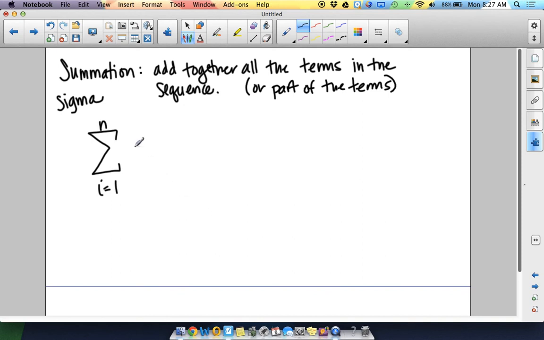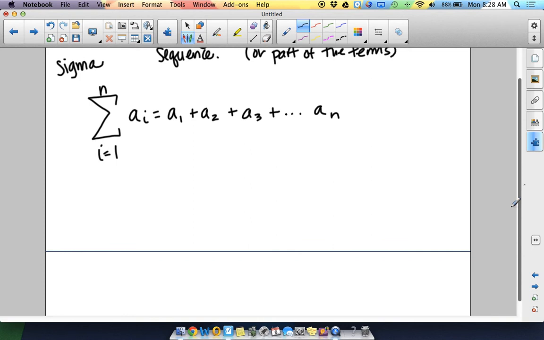Then it will have a rule here. And what you'll do is take each term, a sub 1, and add it to the next one, a sub 2 plus a sub 3, and you'll do this until you get to which term? A sub n. Does it always start at 1? It can start wherever it wants.